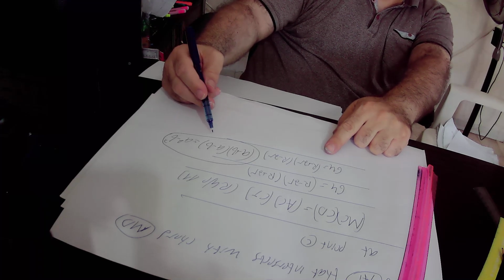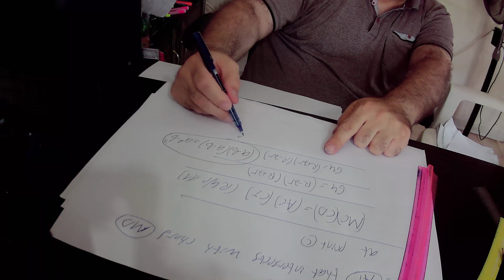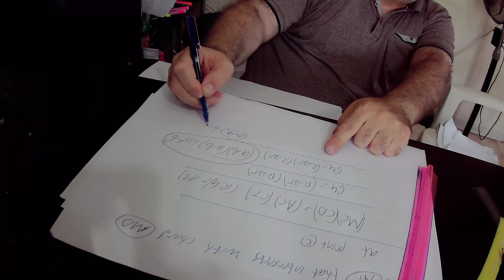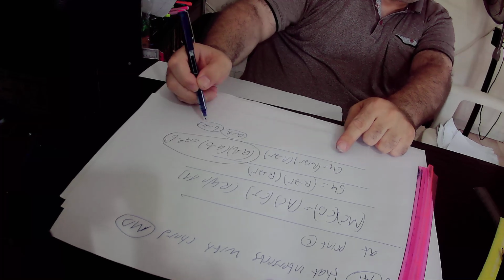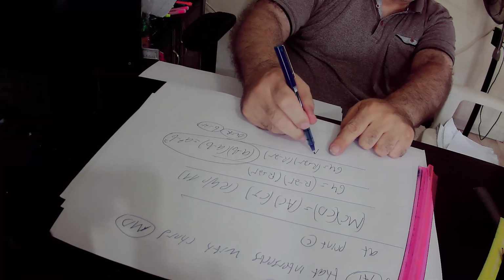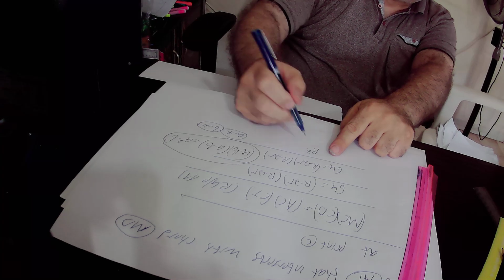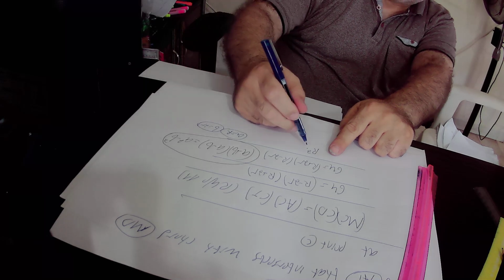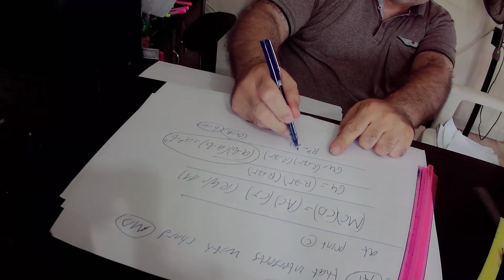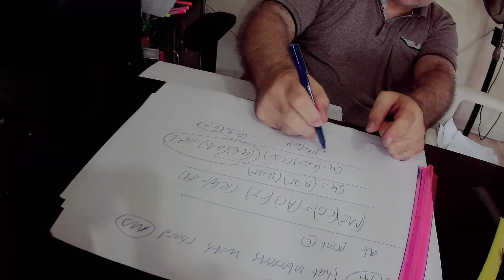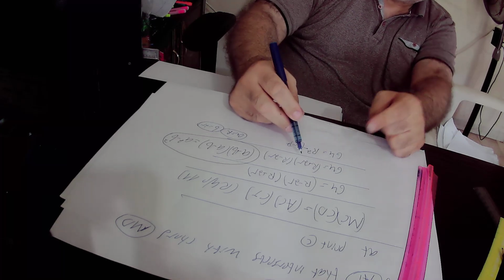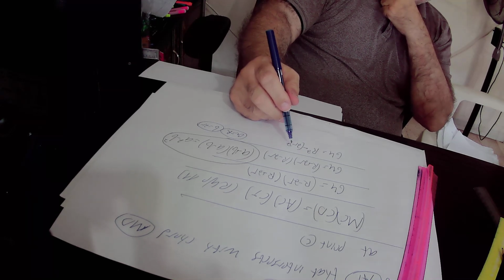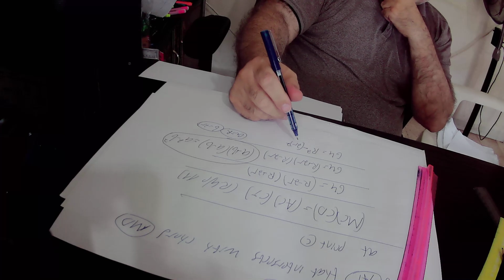In our specific expression, A equals capital R and B equals 2R. Therefore, A squared is capital R squared, minus B squared is minus 2R squared. So in conclusion, this expression capital R plus 2R times capital R minus 2R equals capital R squared minus 2R squared.